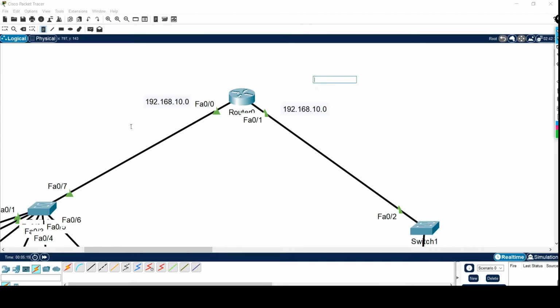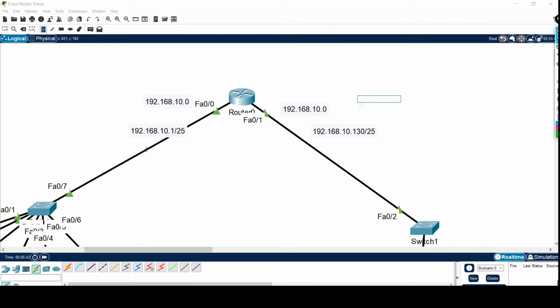But tell me, if I configure 192.168.10.1 here with /25, and here also I configure 192.168.10.130/25, will it overlap now? Do you think it still will? No, right?